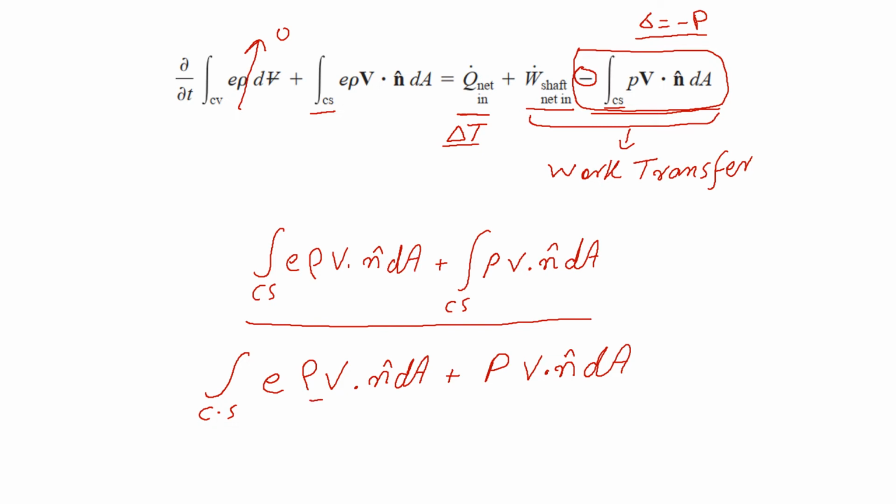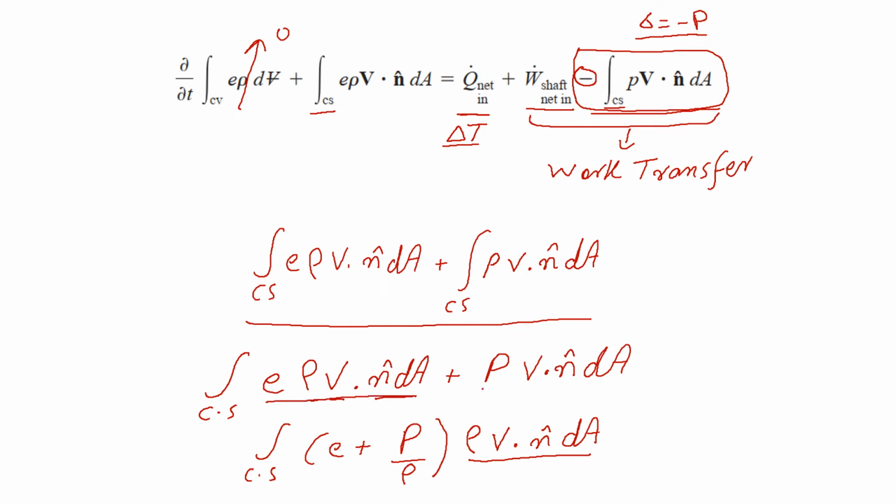If we take density, velocity, and dA common, we will have an integral of E plus pressure over density, and the common term is density, velocity dot unit vector n, dA.